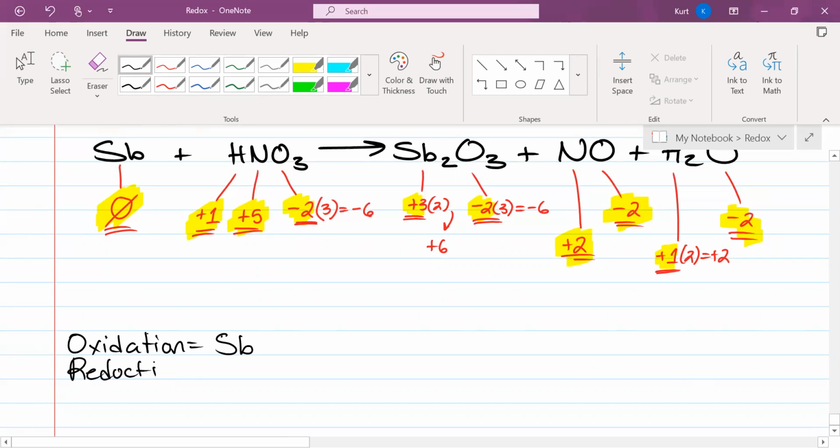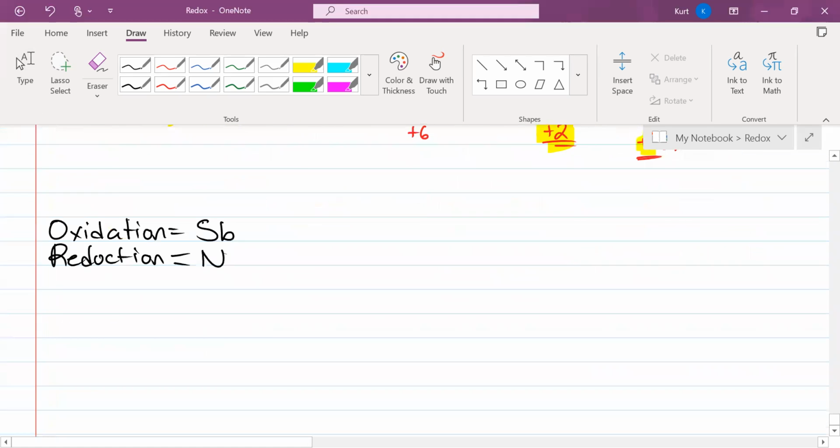And Kayla, what is being reduced? Nitrogen is correct. All right, so we only need to concern ourselves with these two.